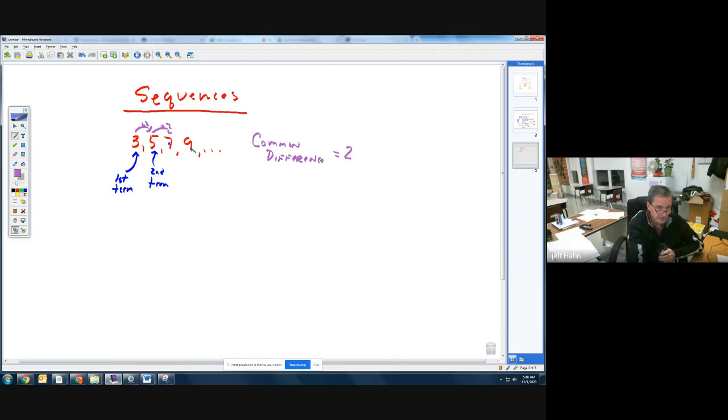So write down this little formula here, and it looks a little like this. a sub n equals a sub 1 plus, in parentheses, n minus 1, times d.